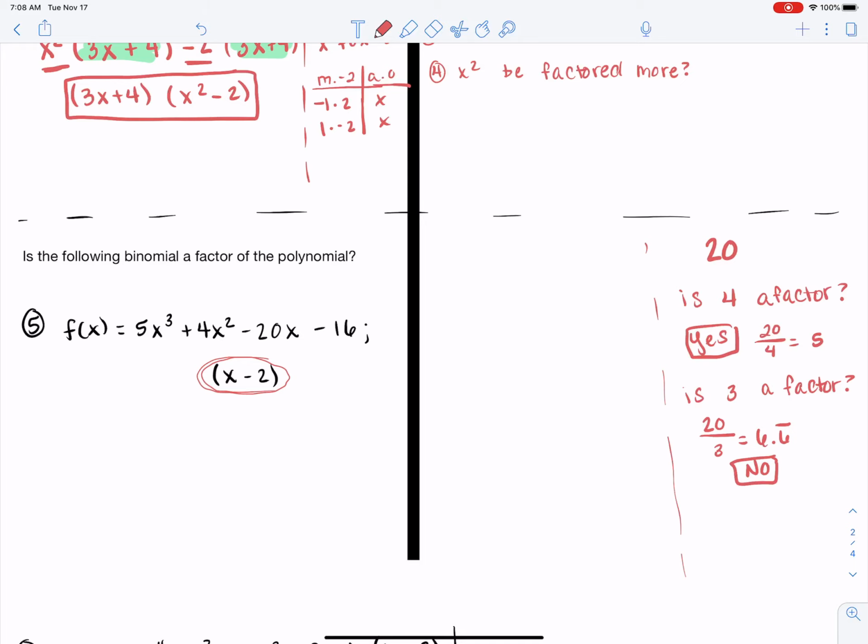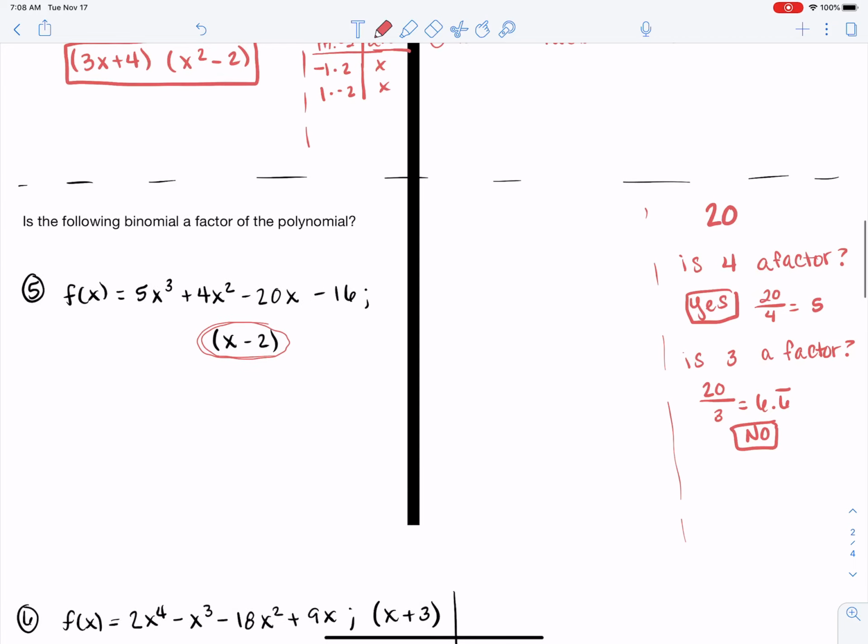So if we bring that back over here, if I want to know if x minus 2 is a factor of this polynomial, then I need to divide them. And if it divides to a whole number or no remainder, then yes, it's a factor. But if I get a remainder, then it is not a factor. Okay, so your steps for this whole thing are divide.